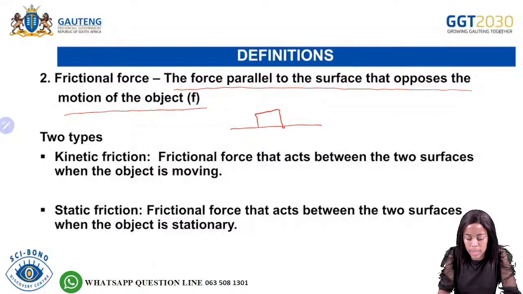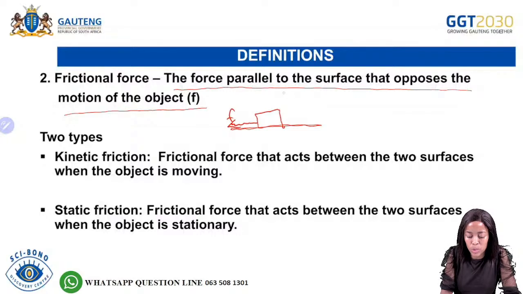Remember, the x-axis represents your surface, and this force must be parallel to the x-axis. Maybe let's say that the friction is to the left-hand side, and then it says that it opposes the motion of the object.